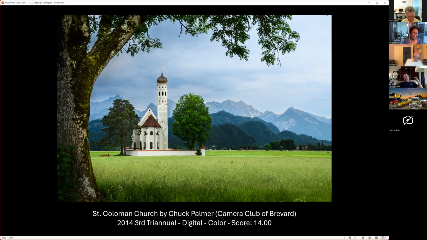Chuck, could I expound on that a little bit with a little bit of history with the CCB? We had a speaker that came from England to Florida, and we happened to snag him for one of our program meetings. And he told a story where in England, he entered a photo into a contest called FIAP, I believe.